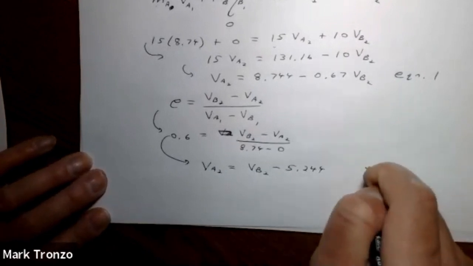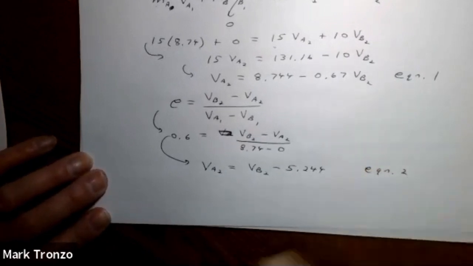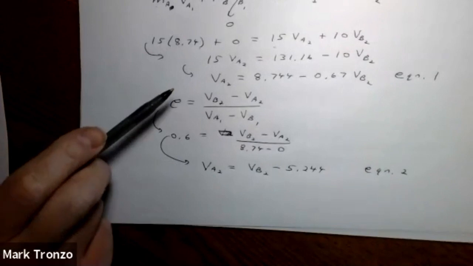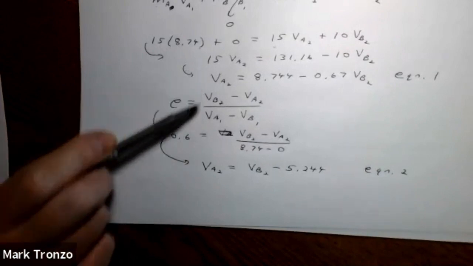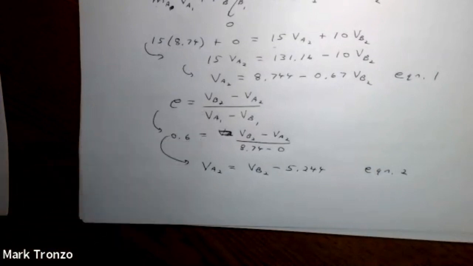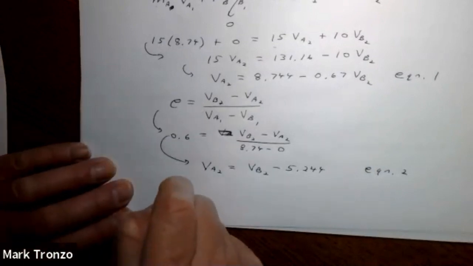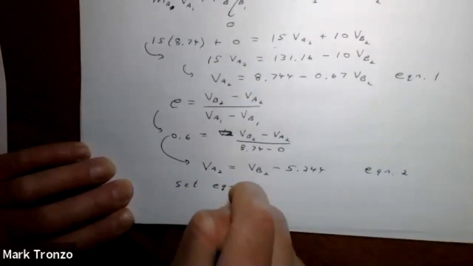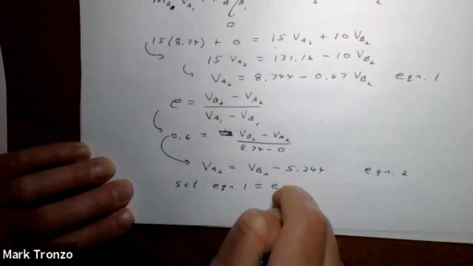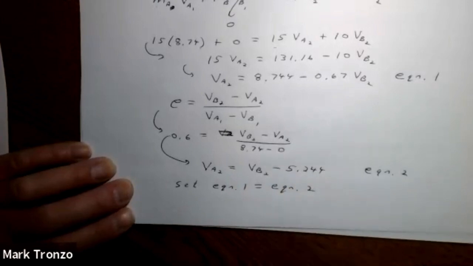And we can call this equation 2. And notice in both equation 1 and equation 2, we have VA2 equal to something. So we can just set those 2 equations equal to each other. Set equation 1 equal to equation 2.